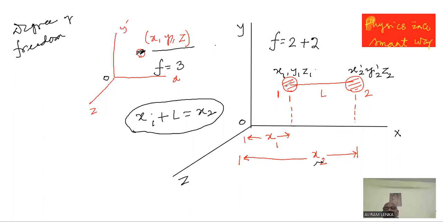But so far as x is concerned, they have only one independent x, because x1 and x2 are linked with each other. So 2 plus 2 plus 1, the answer is equal to 5. So a diatomic molecule should have a degree of freedom equal to 5.